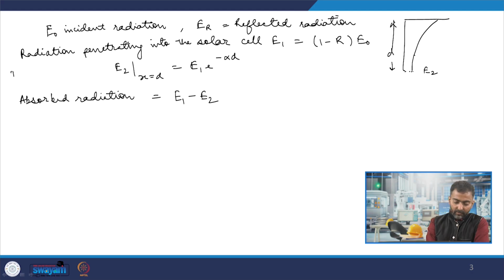So E2 is the irradiation at the bottom end.